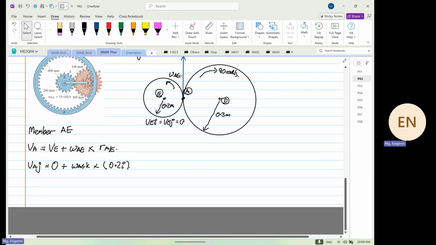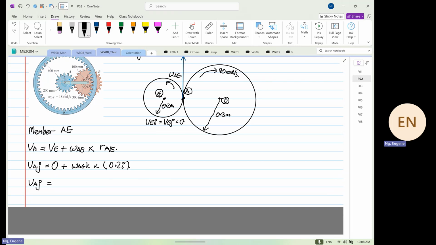Okay, so we form an equation: VA J is equal to omega AE times 0.2 K cross I, which is positive, right?